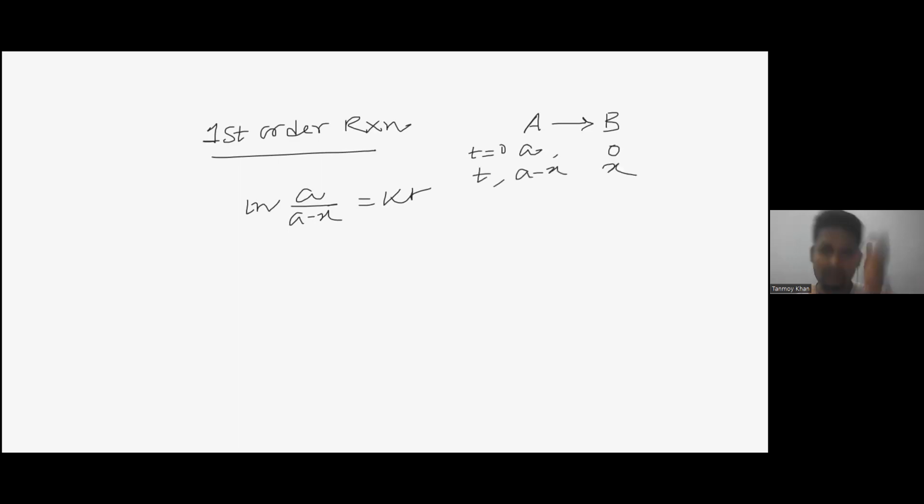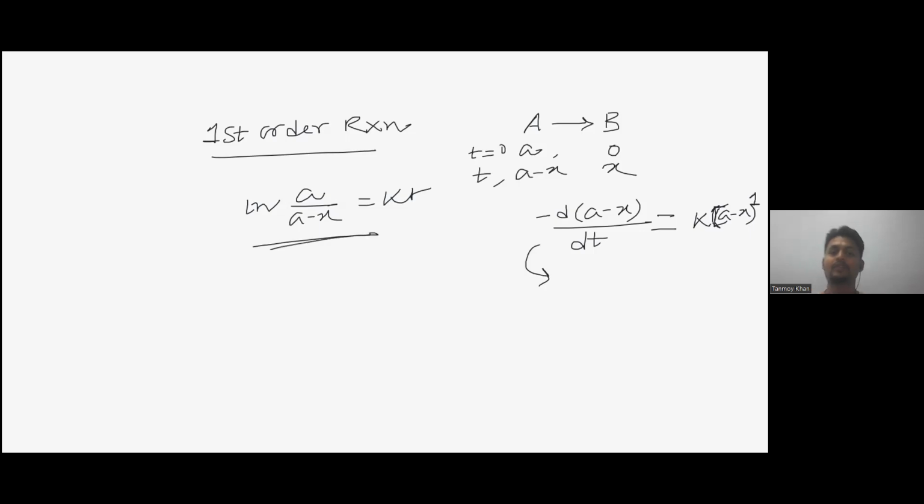This is x. Since it's a first order reaction, that means the power will be 1. If you integrate it, you will find ln A by A minus x.